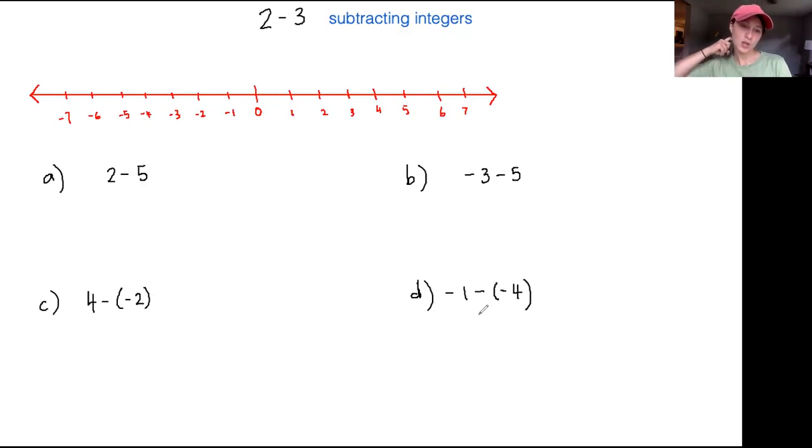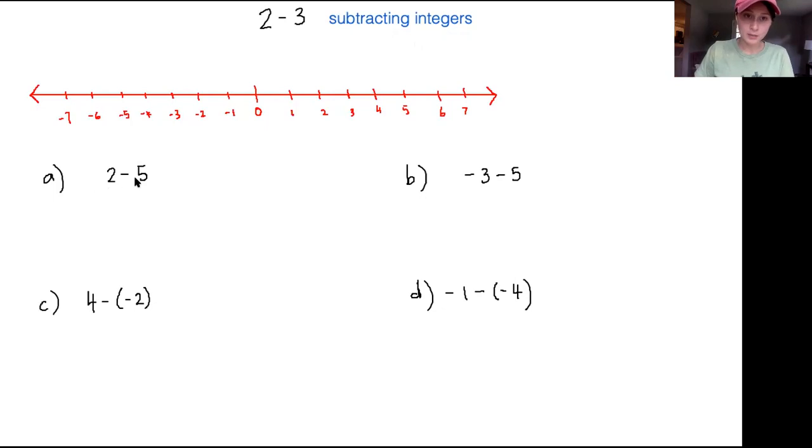Okay, so let's take a look at what happens on our number line. Remember, when we have subtracting, if we have a subtraction sign or a negative sign, we're going to start thinking going towards the left. And when we see a positive sign, it means going to the right. So that can tell us which direction to go on our number line.